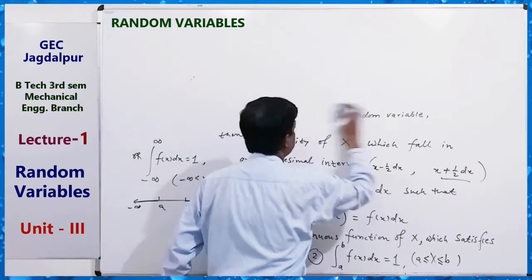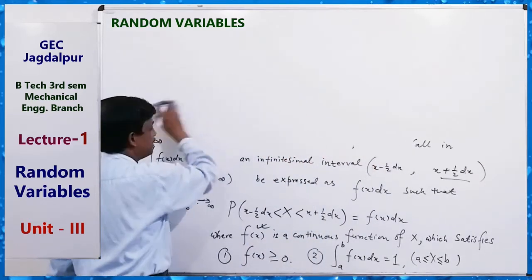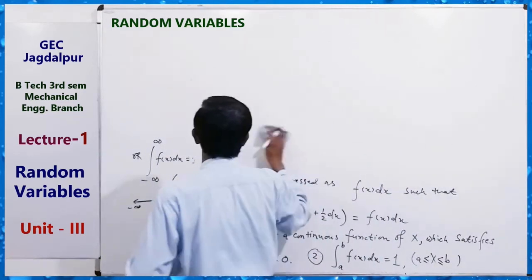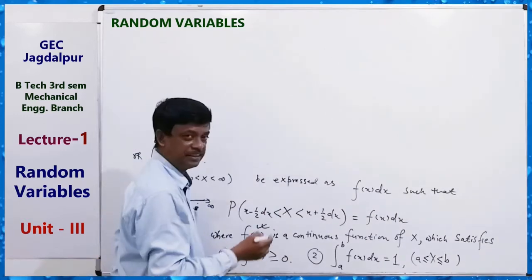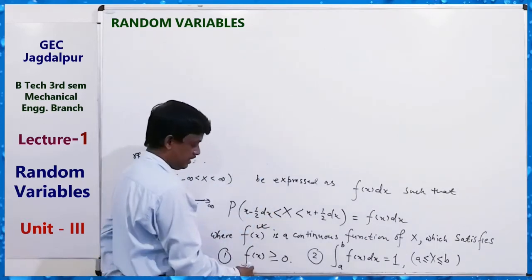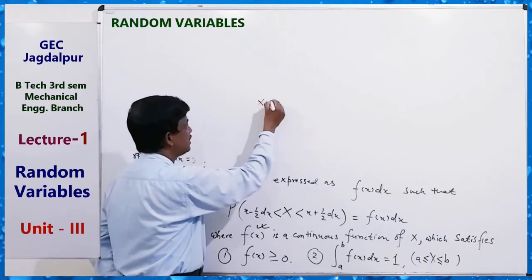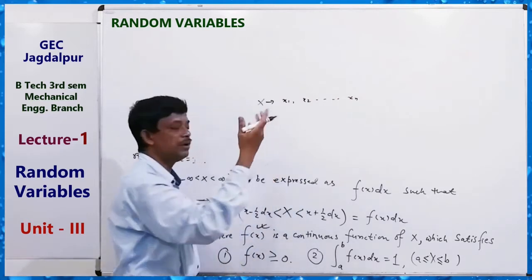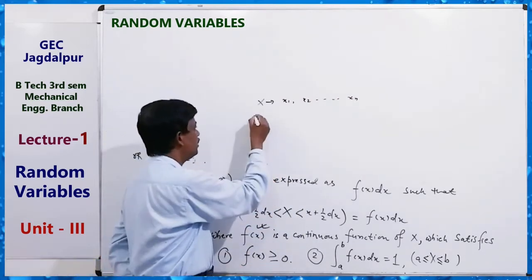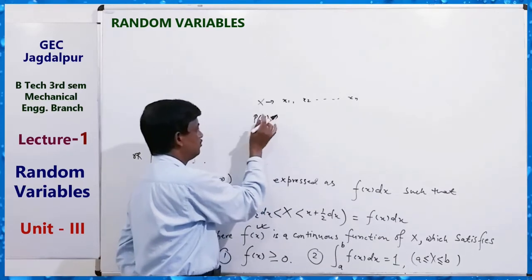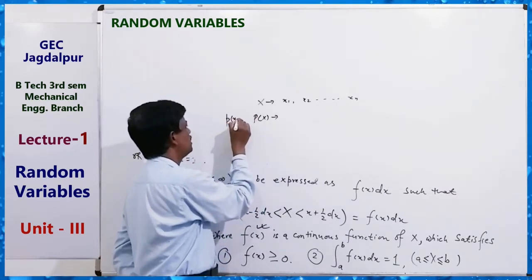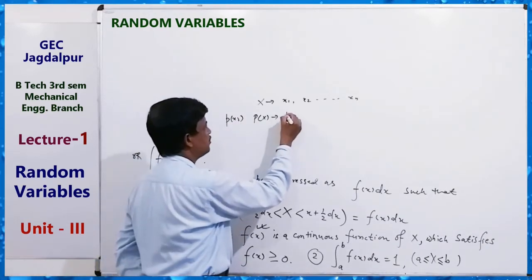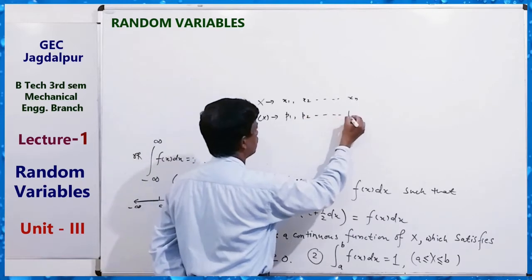Here, for discrete, in place of integration, we use summation. In the discrete case, x1, x2 and so on are the discrete values of the random variable, and the probabilities can be denoted like this, p(xi), that is p1, p2 up to pn.